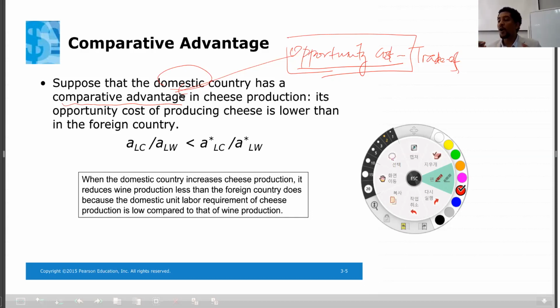So in rational thinking, the opportunity cost of being a business executive is less.